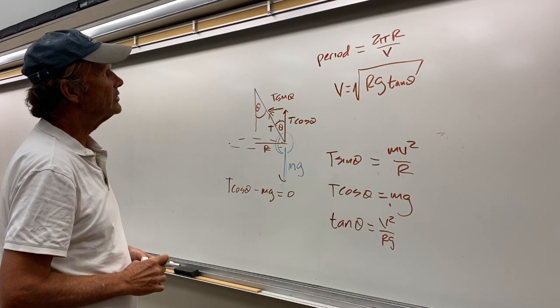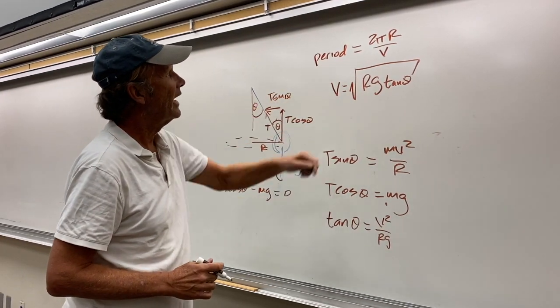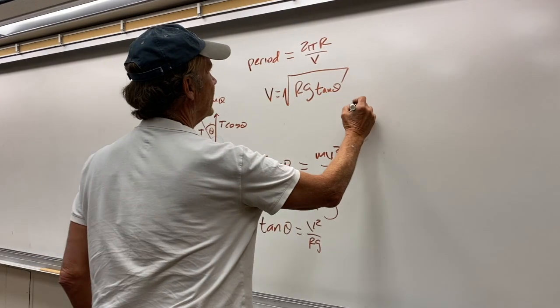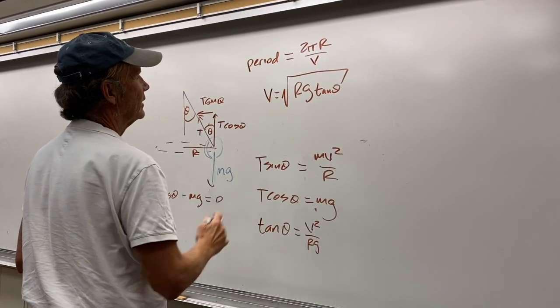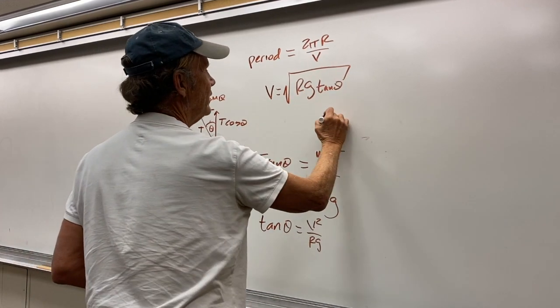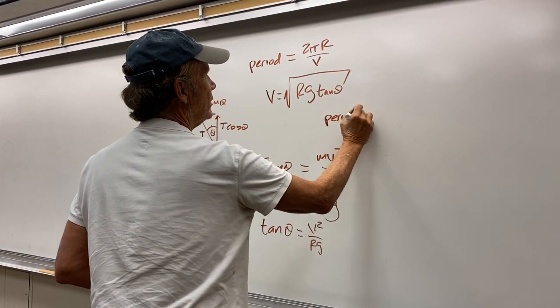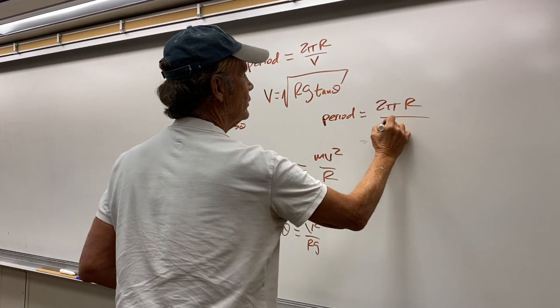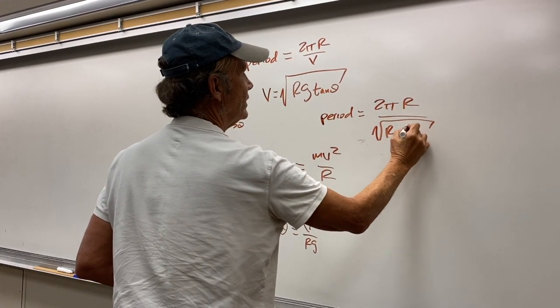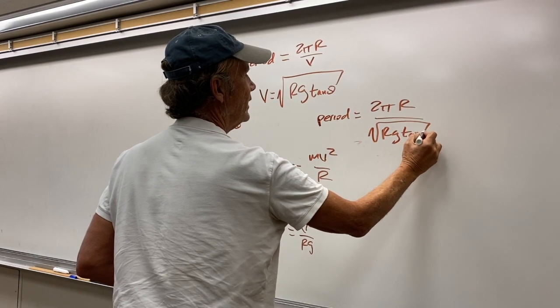Now if we want a relationship between the period and the radius, we can say that by plugging the velocity into this expression for the period, we get the period is equal to 2 pi r divided by root rg tan theta.